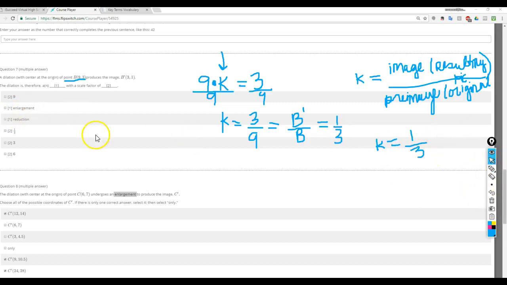I'm going to ask myself, is this a number between 0 and 1, or is it greater than 1? Since 1/3 is between 0 and 1, it is a reduction, and the scale factor is 1/3. So that's how I would go through those ones.